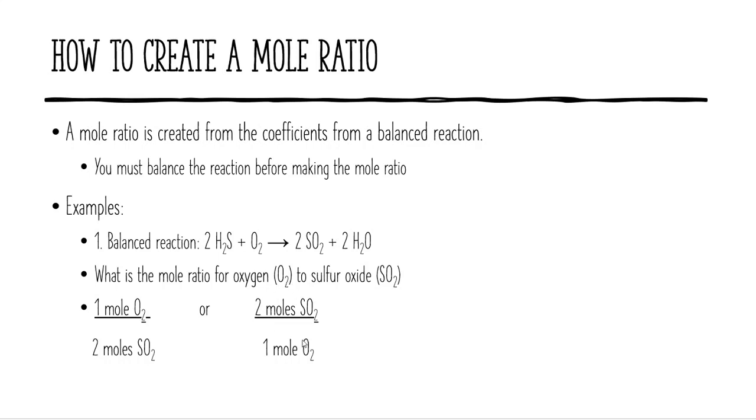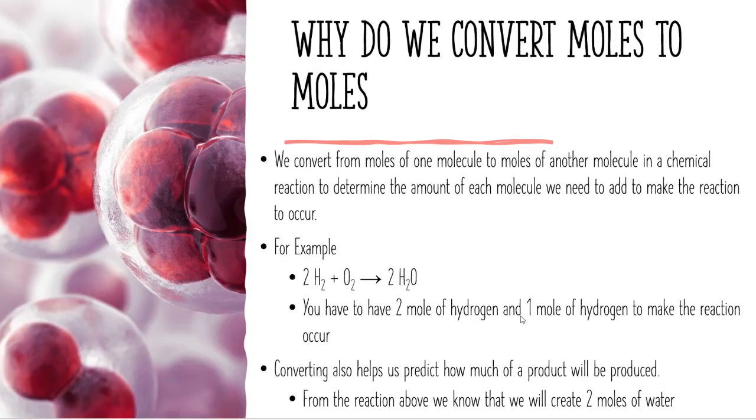You can do the same thing with a mole ratio or any of the conversion factors that we create here in chemistry. So you could do 1 mole, because there's a 1 in front of oxygen, to 2 moles of sulfur oxide. Or you could have sulfur oxide on the top, 2 moles of sulfur oxide to 1 mole of oxygen. You just have to have the 1 with the oxygen and the 2 with the sulfur oxide.